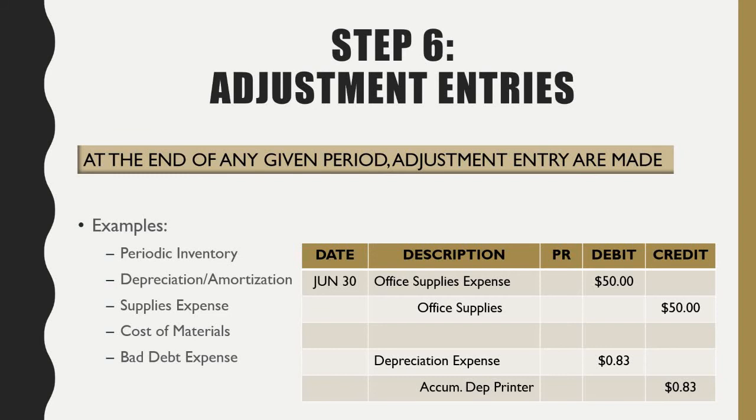Now that we got to take a look at every single one and go through them, that's exactly what step 6 is going to entail. We are going to finally run through our adjustments and make those entries to verify that we either used up an item, spent it, depreciated it, whatever it is, right? So that will include anything such as periodic inventory, right? We will be looking at periodic inventory for Coffee Cafe.